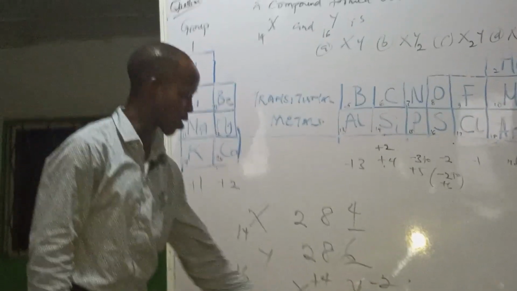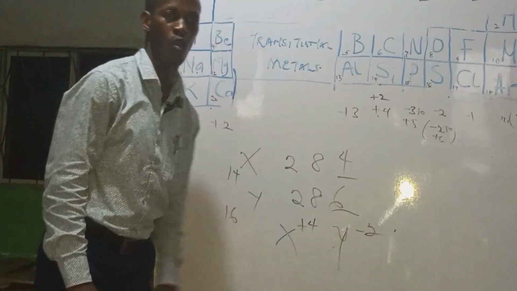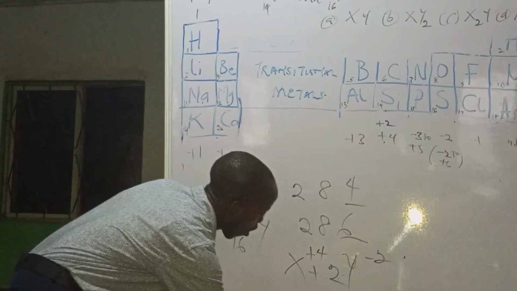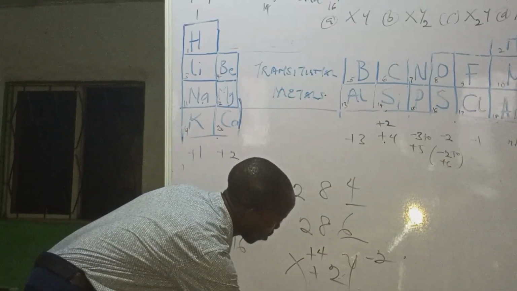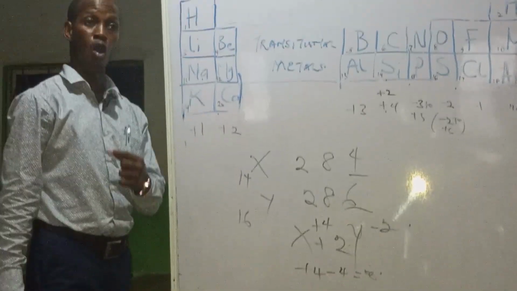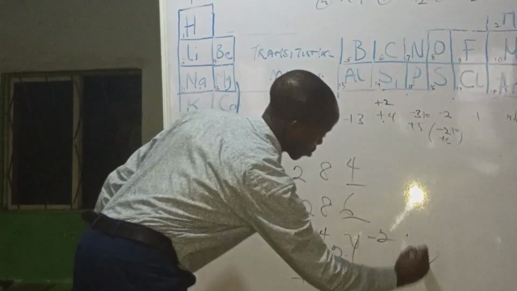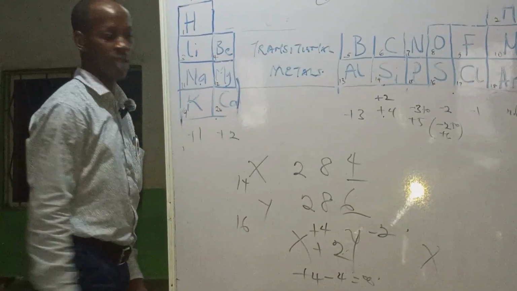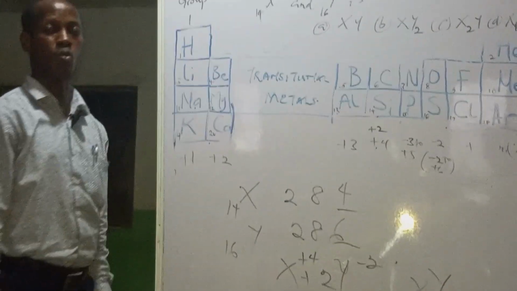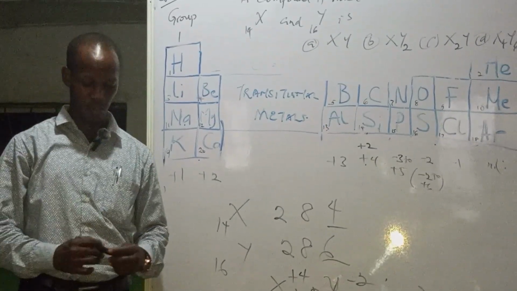This one is +4. What can we do to make the other one -4? You multiply it by 2. So +4 -4 will give you 0. Therefore, how many times does X occur? Once. How many times does Y occur? Twice. So you leave the answer as XY2.